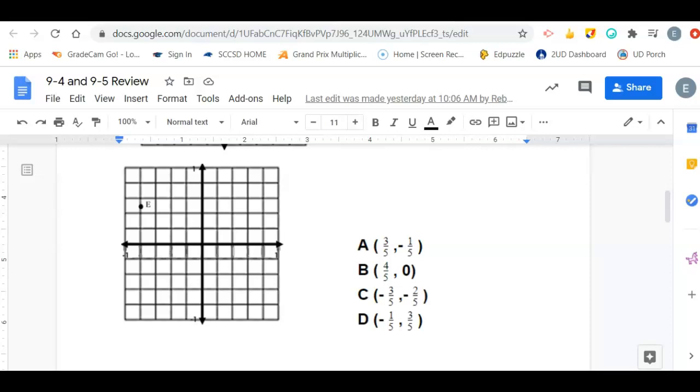I want you to try to write the ordered pair for E. It is a challenge problem. See if you can write the ordered pair for E.